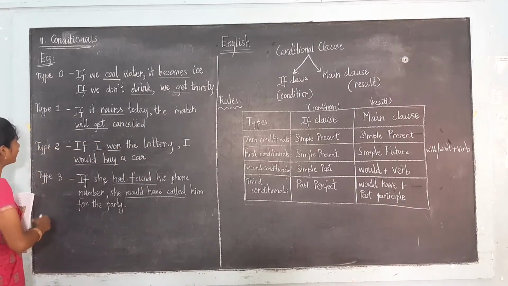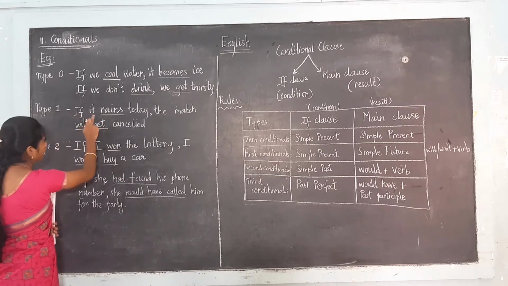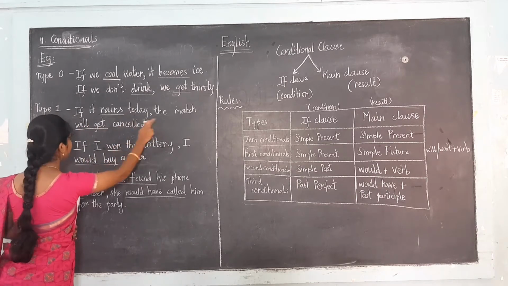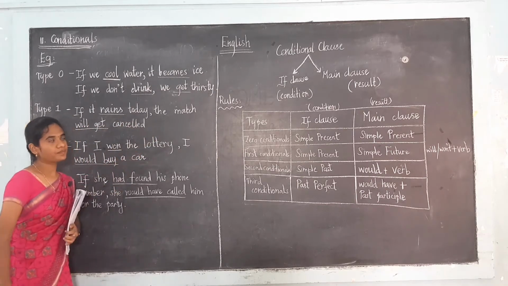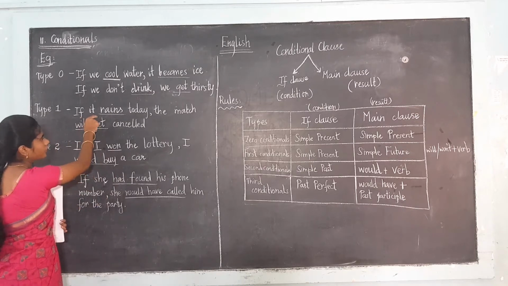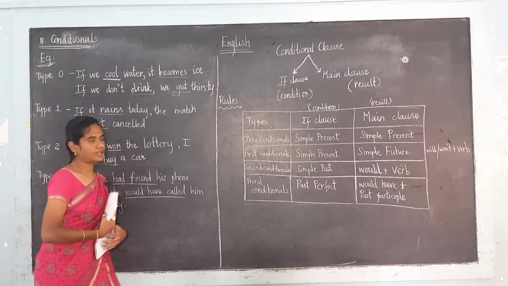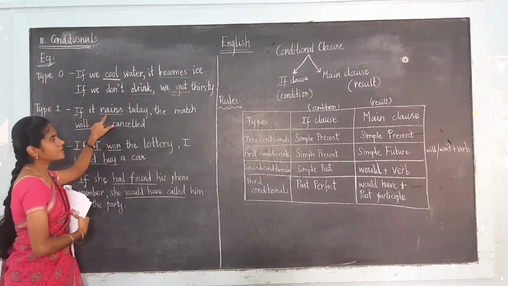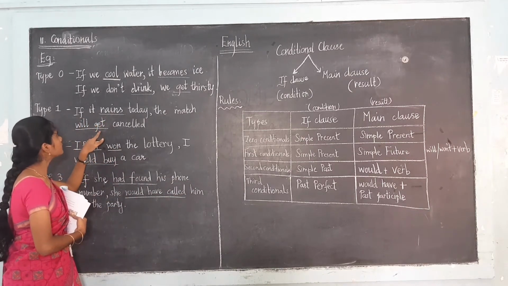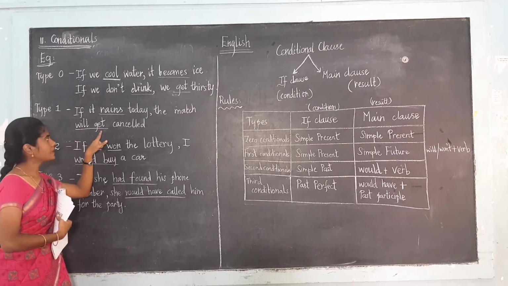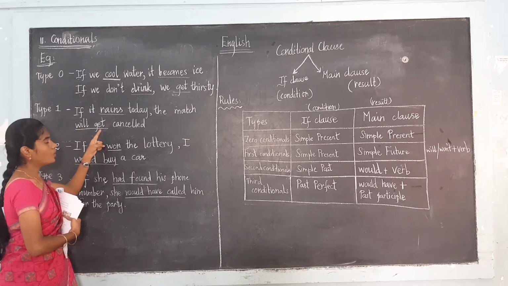See the type 1 example. If it rains today, the match will get cancelled. Here the if clause should be in the simple present as I have mentioned here. The if clause is in the simple present and the main clause is in the future tense. See what I have written, will get. What is the future tense?